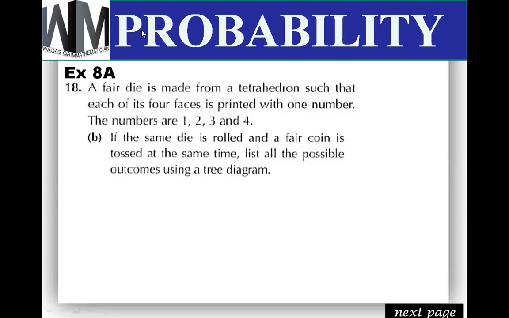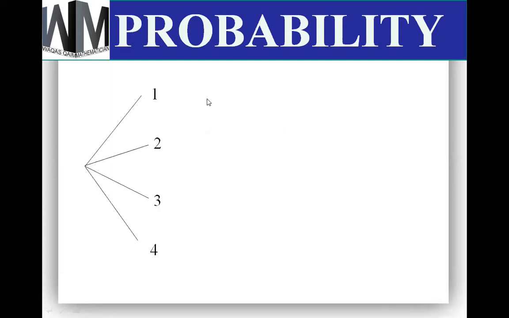Okay, right, Aisha. Okay, let's do it together. So this is the sample space of the first event, a tetrahedron die, 1, 2, 3, 4.